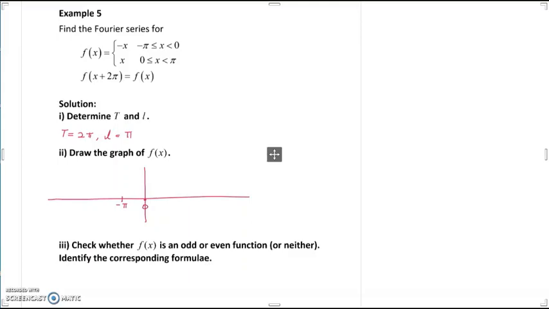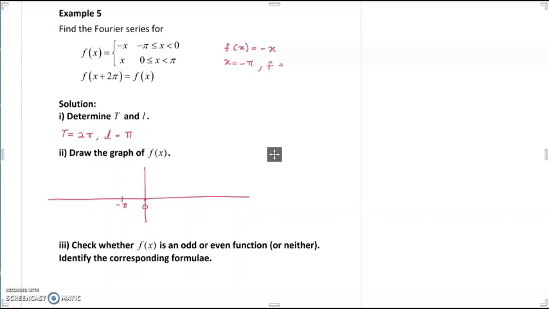Now in the first interval, our fx equals -x. So we test for x equals -pi. We know that fx equals -x is a straight line, y equals -x. But we want to know in which direction the line goes. So when x equals -pi, our f is going to be negative of -pi.